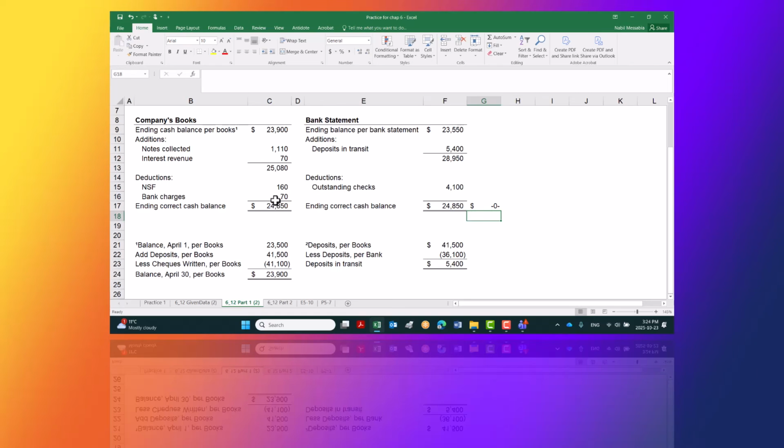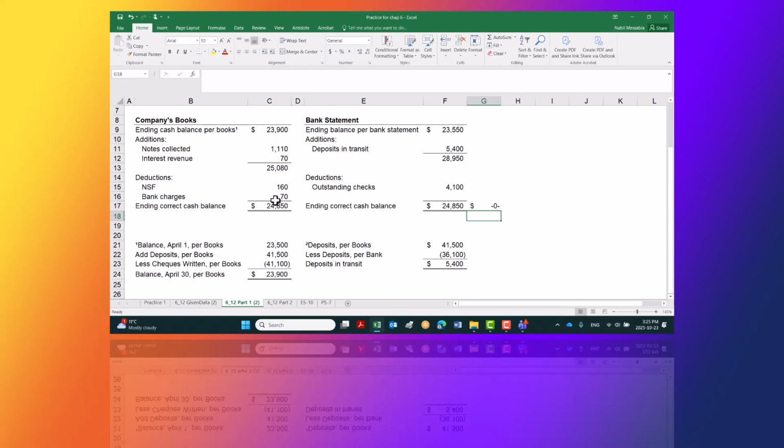The question is, should I do the same on this side? Why or why not? This is the bank. This is the books of the bank. Do I have access to the accountant of the bank? I have no access. I cannot make journal entries on the books of my bank.